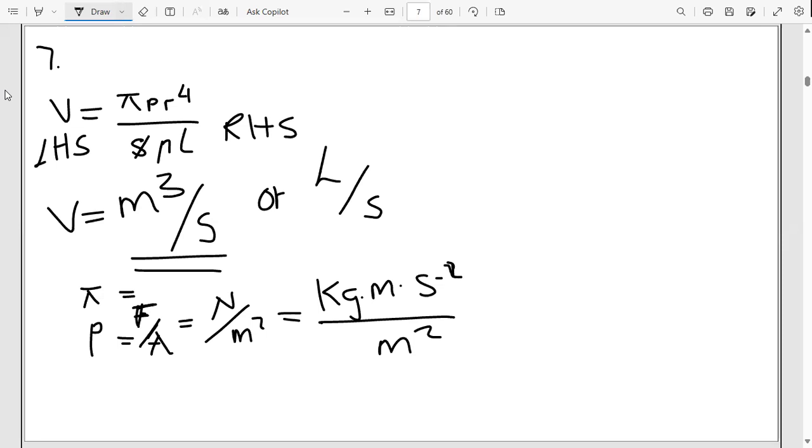Since we have m down here and m in the numerator, we're going to cancel one, so that we remain with one m on the denominator.